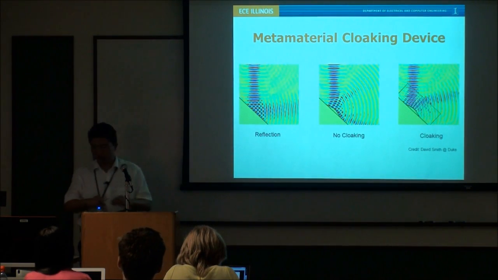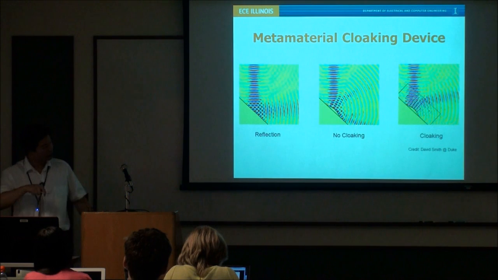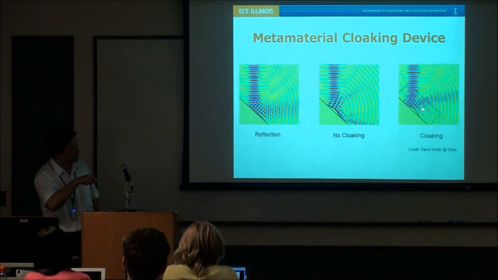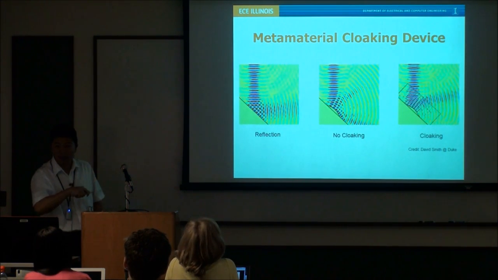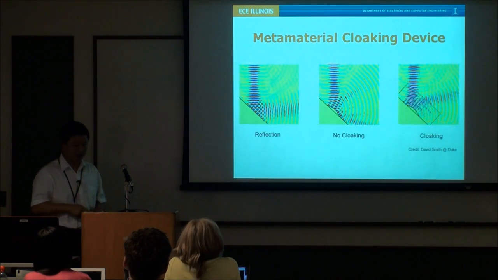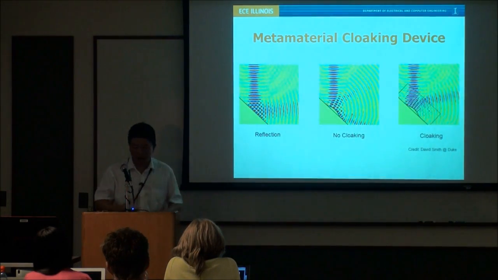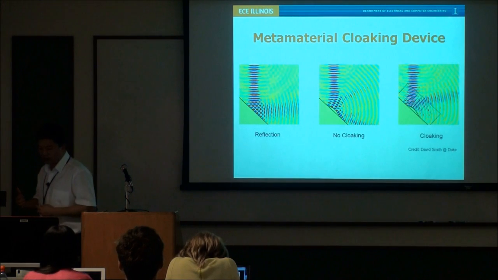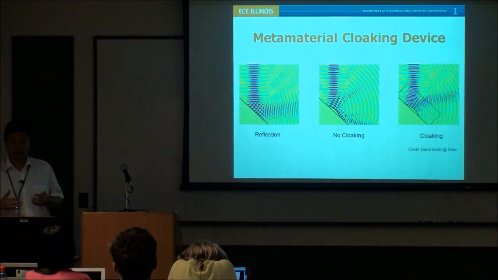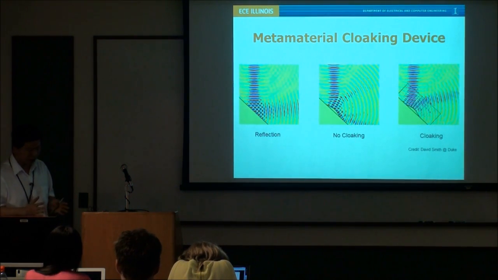And also, if you get to those big scales, then your physics may not work, especially in the boundary case. Okay, and there are a lot of practical issues. That's why people are only now demonstrating actual cloaking at microstructure scales. That's actually the current status.